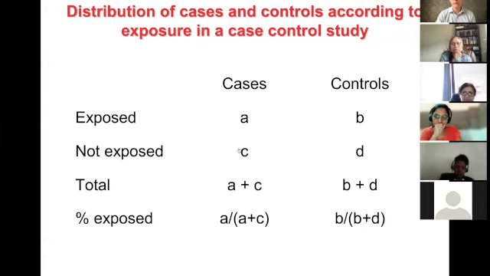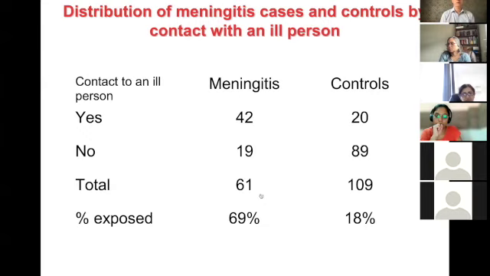So again, we've got A, B, C, and D. And we can calculate the percentage of exposed among the cases as A over A plus C, and the exposure in the controls as B over B plus D. This shows overall how many of all cases have been exposed. Okay, let me show you an example.